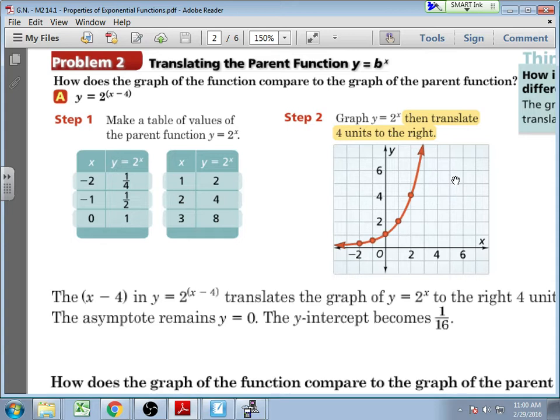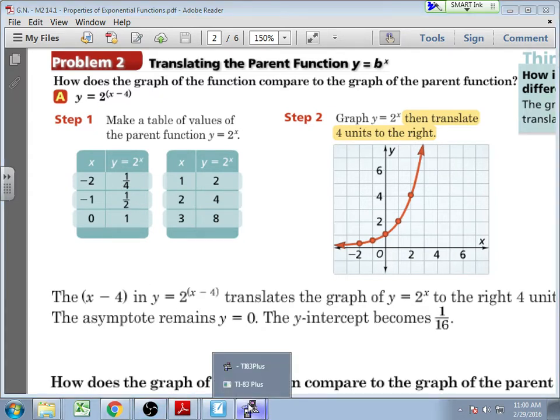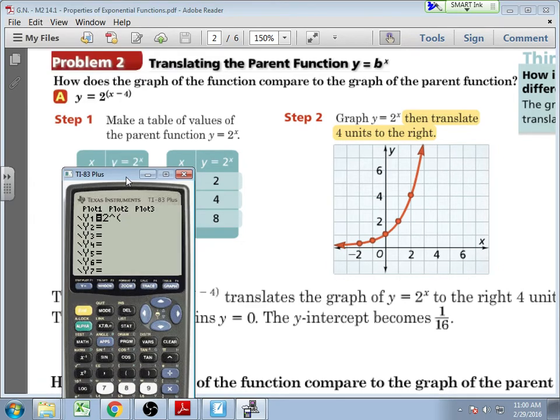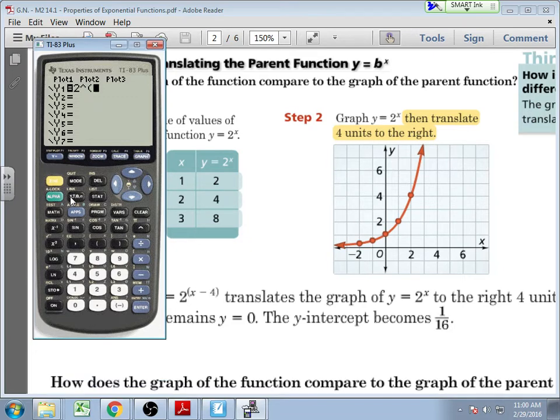You could do the original function, but I've given you the tables for the original functions, so you could just do the new function. I'm going to clear out my other graphs: y equals 2 caret parentheses x minus 4. Close your parentheses. Go to your table.